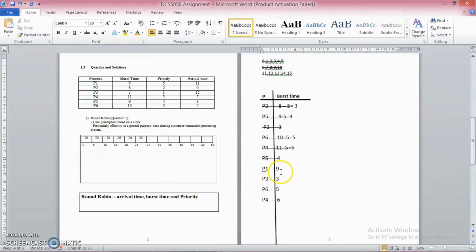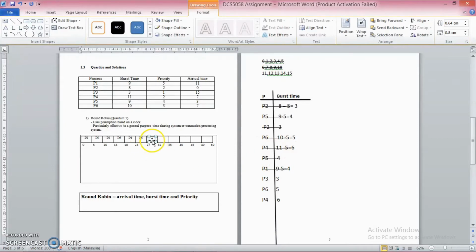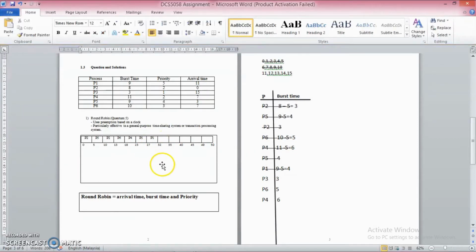And then P1 minus with 5, you will get 4. So cut the P1 and put P1 here, and then queue back P1, and the balance is 4.